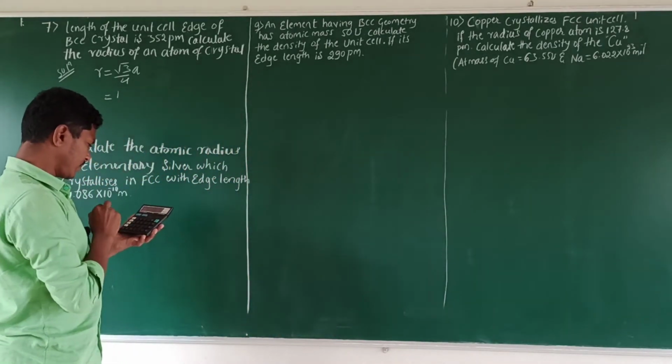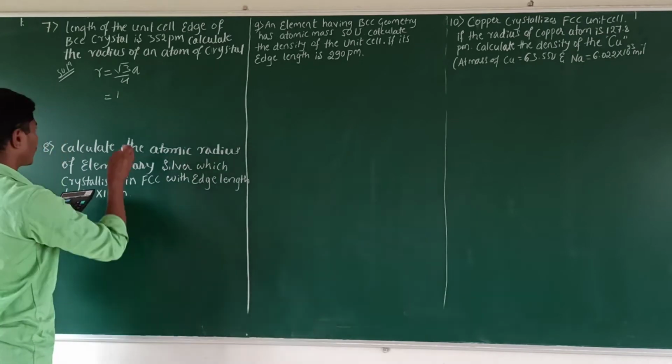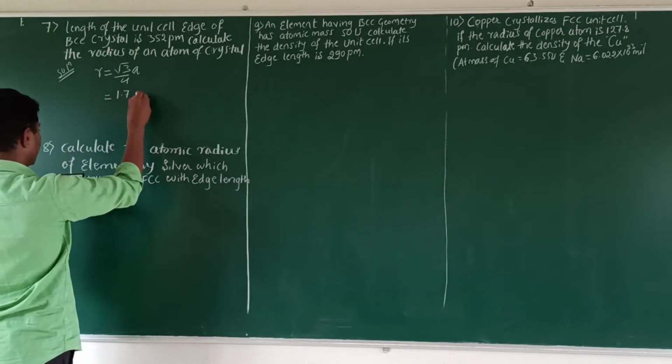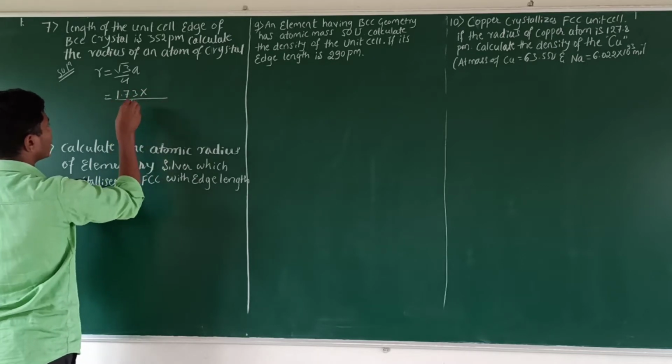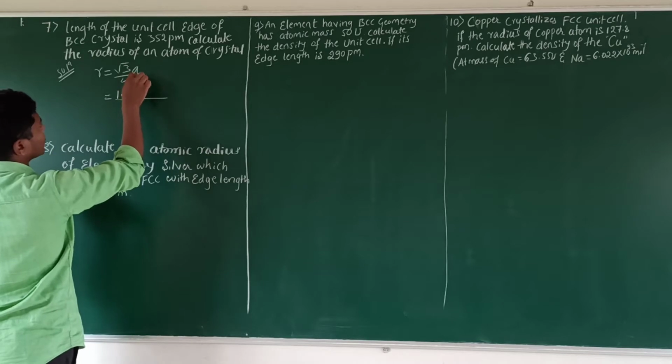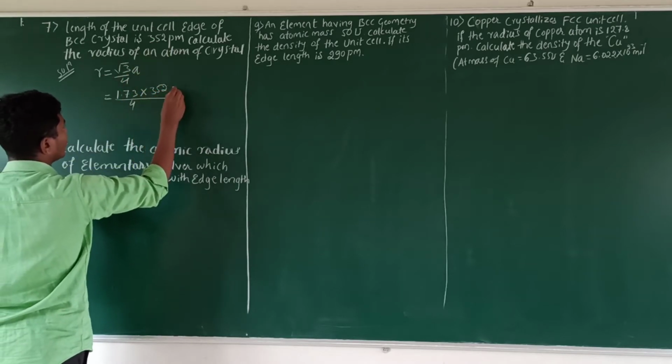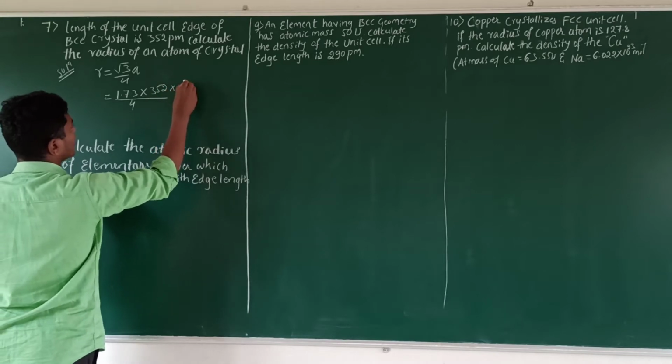What is the value of root 3? 1.73 divided by 4. What is the edge length of the unit cell? That is 352 picometer, meaning 10 to the power minus 12.